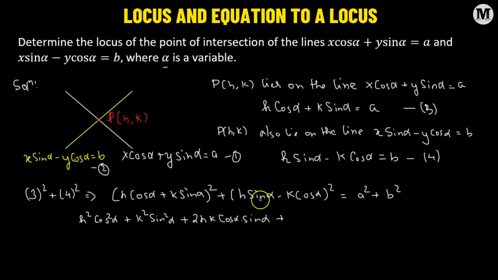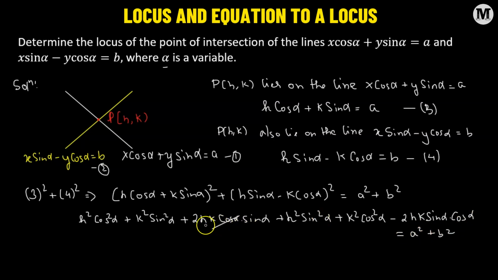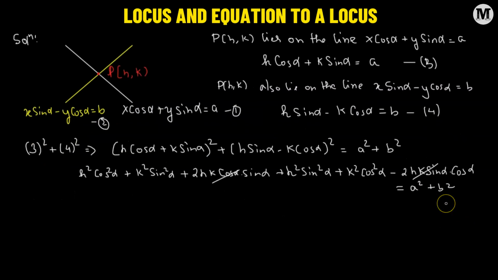Coming to the expansion of the next term, h sine alpha minus k cosine alpha, squared, we're going to get h squared sine squared alpha plus k squared cosine squared alpha minus 2 times hk times sine alpha times cosine alpha. So this will be equal to a squared plus b squared. Now immediately we can observe, we can cancel out the term 2hk cosine alpha sine alpha and negative 2hk sine alpha cosine alpha.